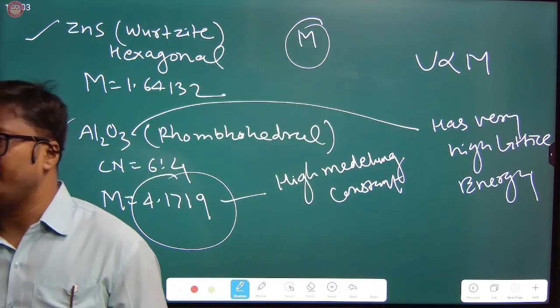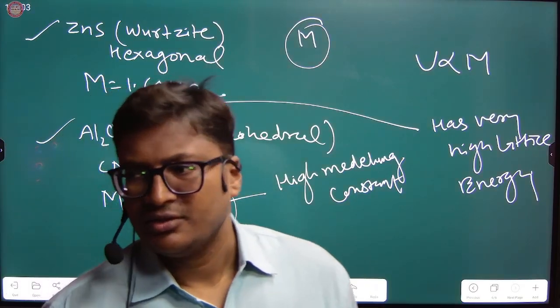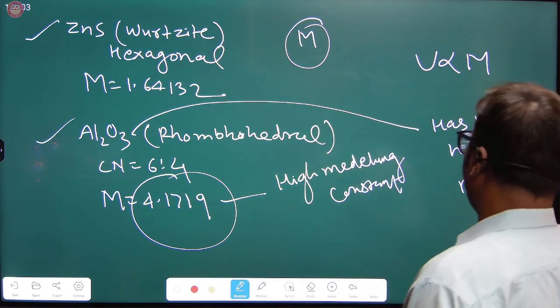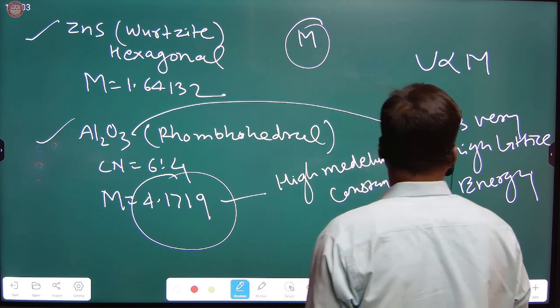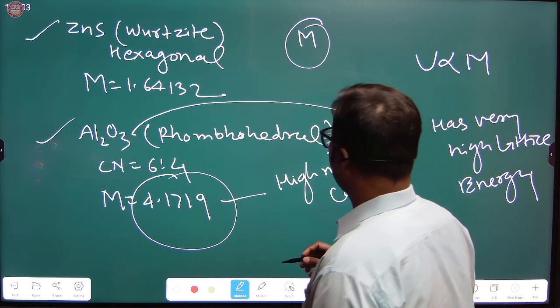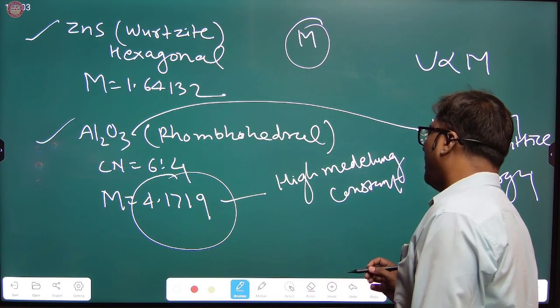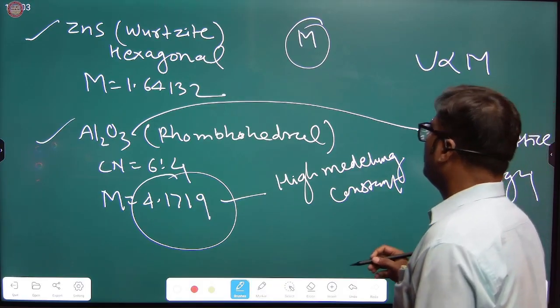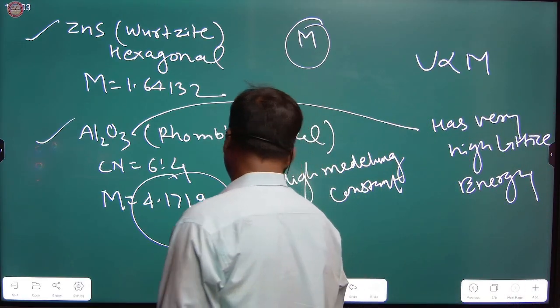In this way, the Born-Landé equation depends on the Madelung constant. The Madelung constant is determined experimentally, and different structures have different values. So lattice energy will be different, right?